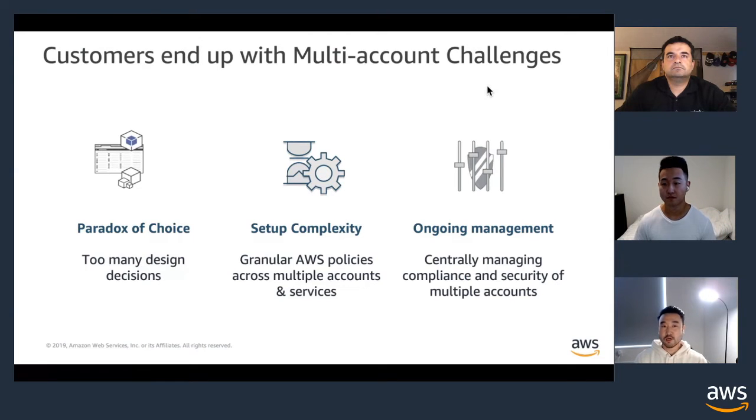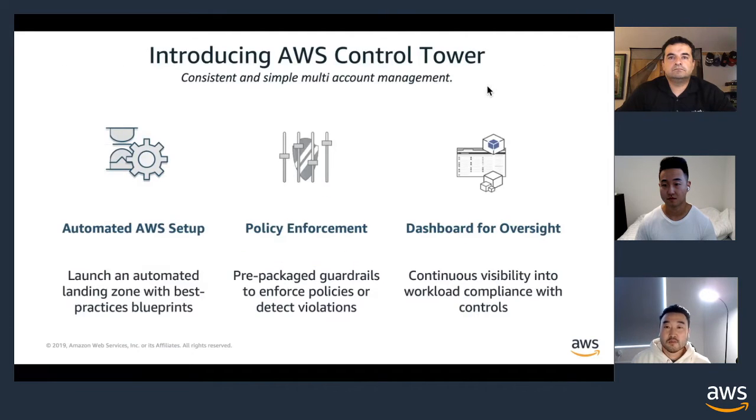And setting up these accounts isn't just about setting them up. It is about managing them as you increase or decrease accounts, or as you are managing different compliances through different changes that you see. So to help customers face these challenges, we have this wonderful service called AWS Control Tower.